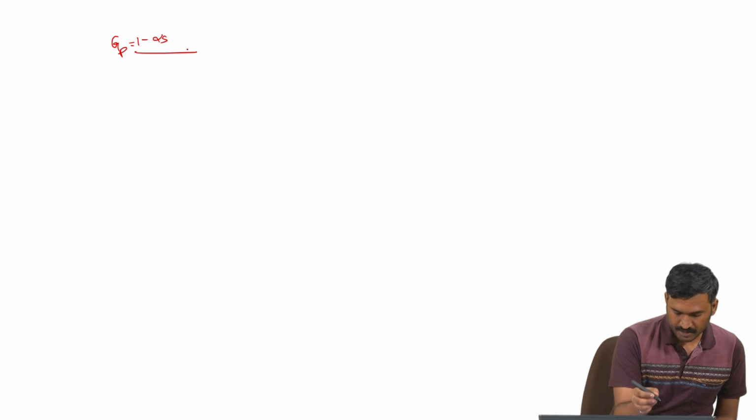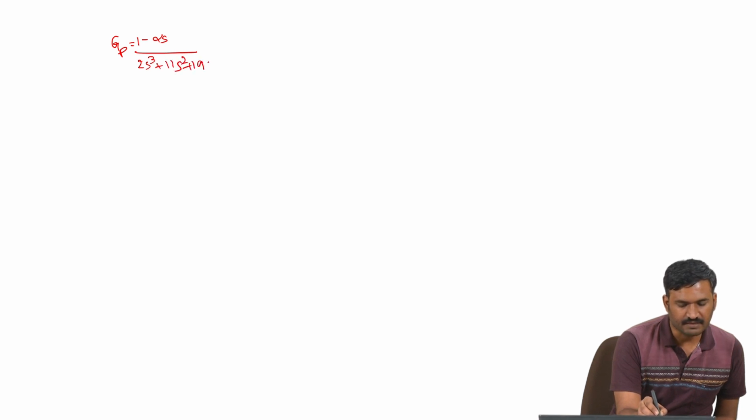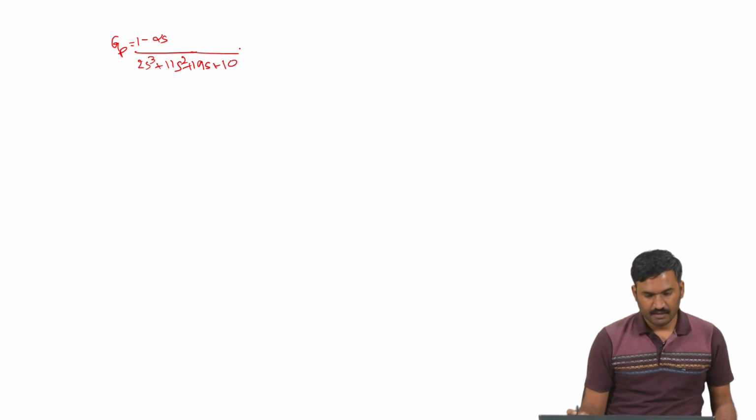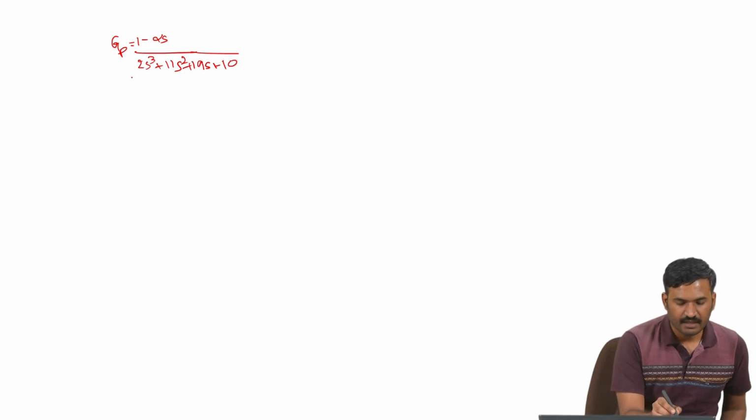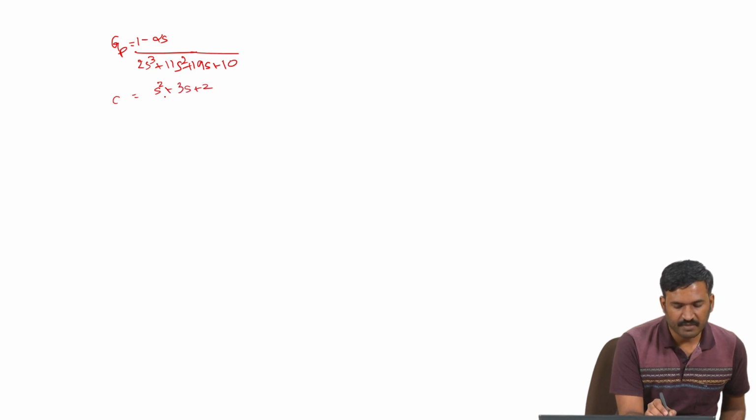Now, let us suppose the GP is assumed to be (1 - alpha s) divided by (2s^3 + 11s^2 + 19s + 10). Then the controller which we designed is (s^2 + 3s + 2) divided by s.